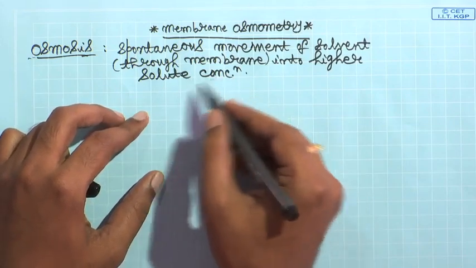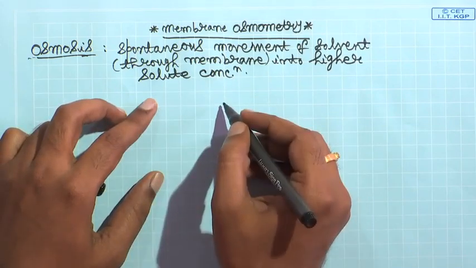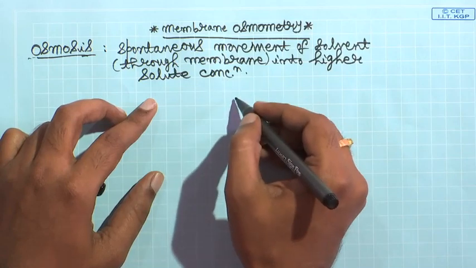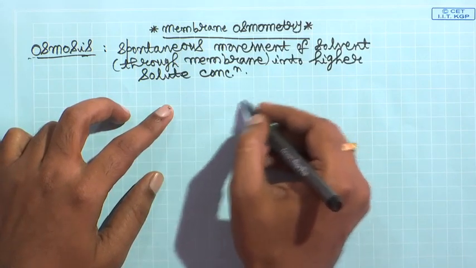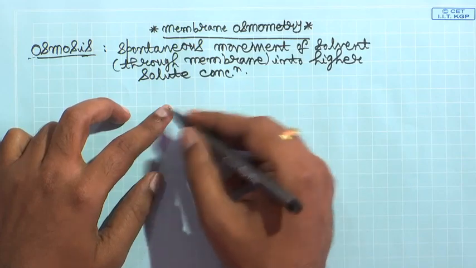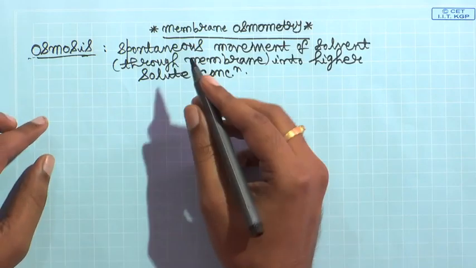So, you can basically have solutions also on both sides. On one side you will have concentration lower, on one side maybe concentration is higher. So, from the lower concentration side the solvent will flow to the higher concentration side, and so on and so forth.